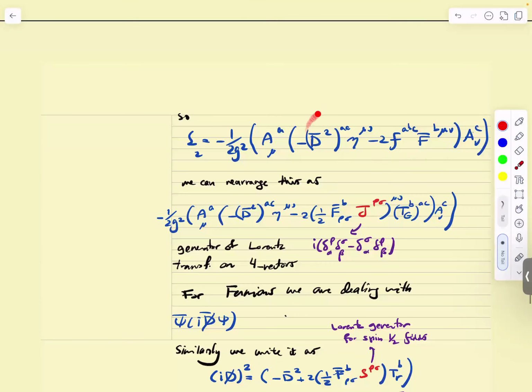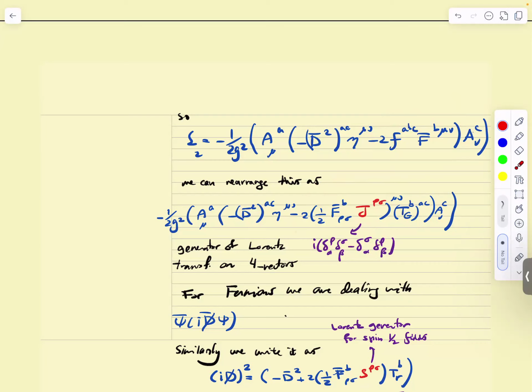Now, what does this look like? If you pay attention to F_abc, this term could be written in the following form. So this term could basically be written as a J rho sigma. You take the structure of these guys. This term could be repackaged this way.